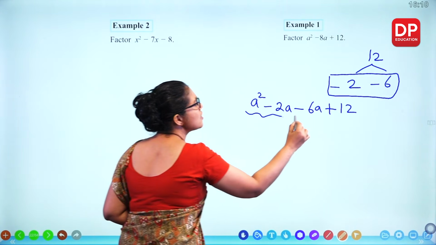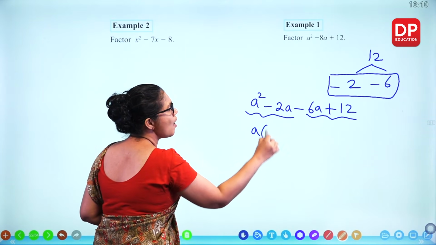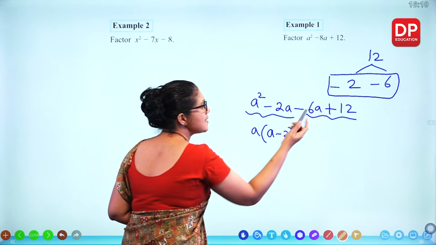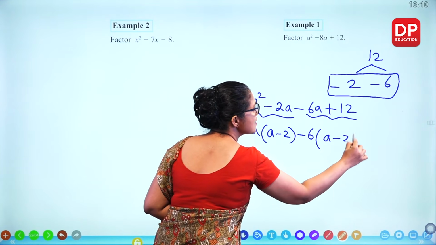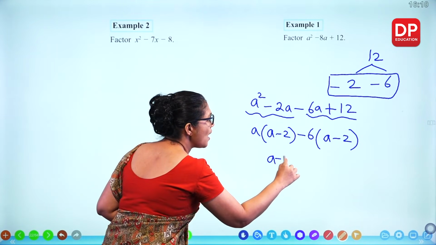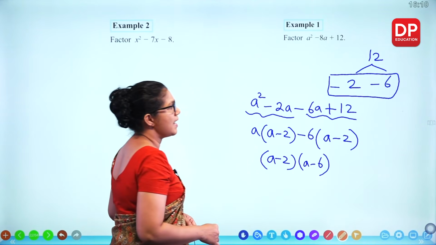Then take 2 at a time and factorize. I can take a out, a minus 2. From this, I can take minus 6 out, you get a minus 2. Again here, a minus 2 is common, take it out, and a minus 6 is remaining.